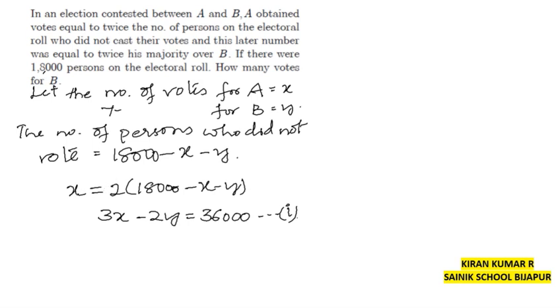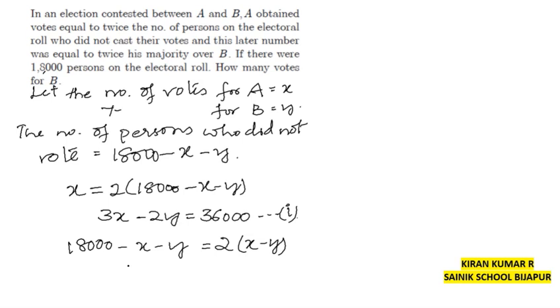Then what is condition 2? The number who did not vote was equal to twice the majority over B. So the second condition is 18,000 minus X minus Y, who did not vote, will be twice X minus Y. The number of votes obtained will be 2 times X minus Y. That's how the majority is found.